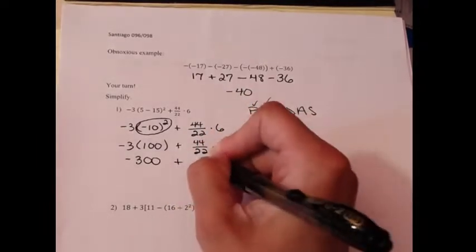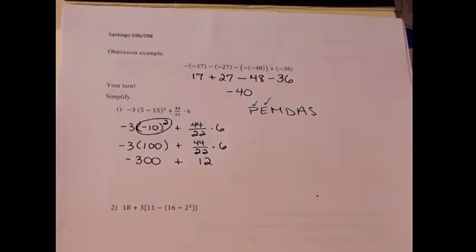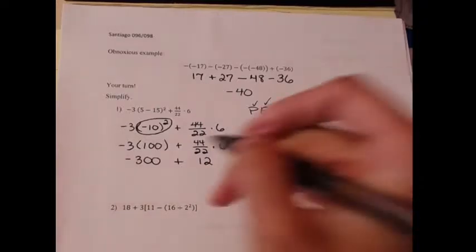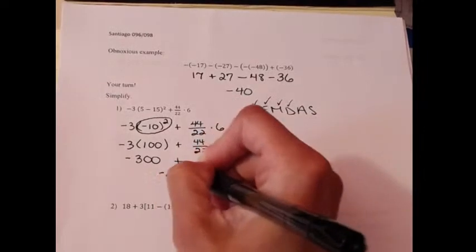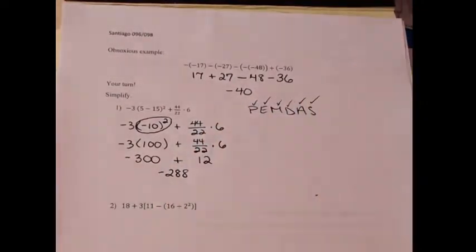So we bring down the plus, and we've evaluated that term. That takes care of both multiplication and division. Lastly, we're going to move from left to right. So negative 300 plus 12 will give us a negative 288. And that takes care of the last two.